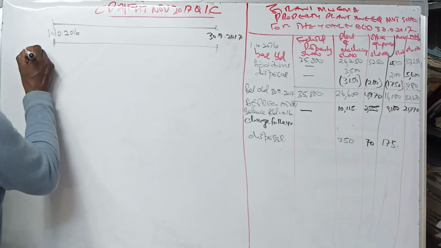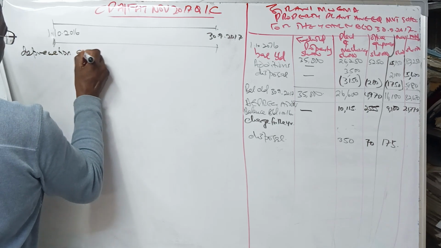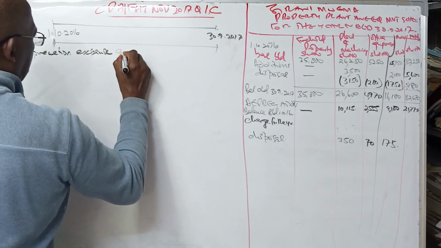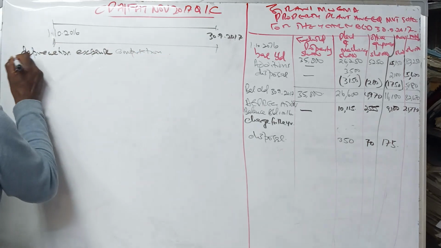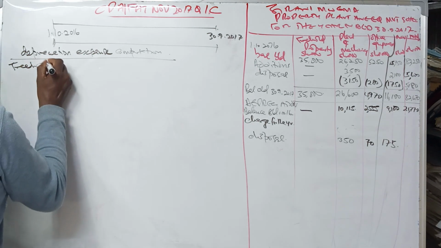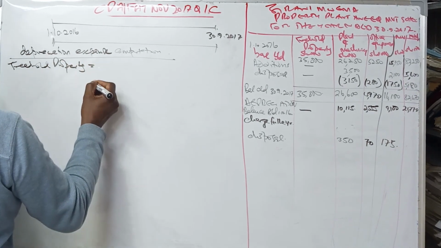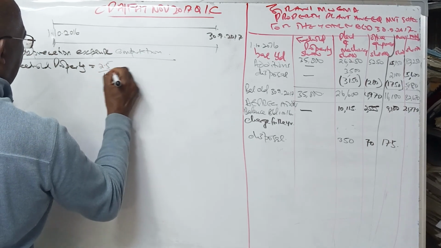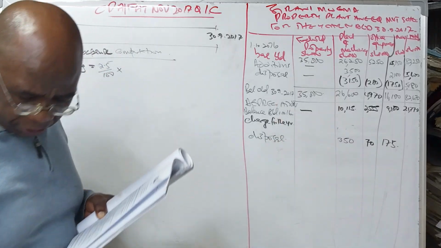Depreciation expense computation. For freehold property, we are told it is 2.5%, and the cost of freehold property opening balance was 35,000.